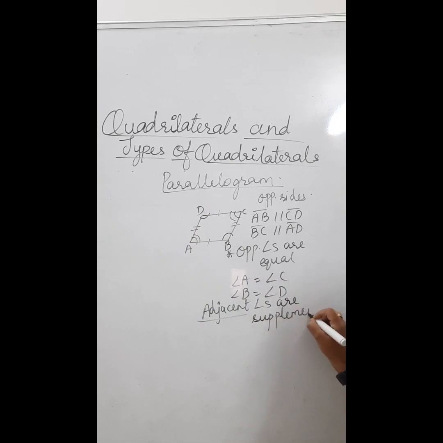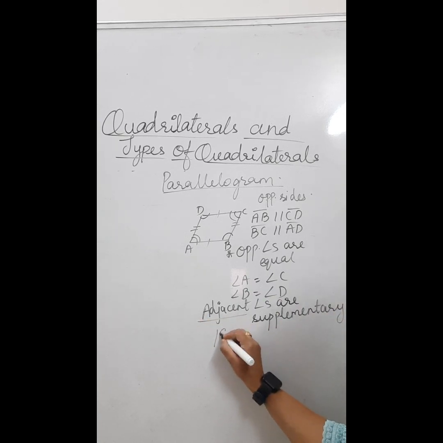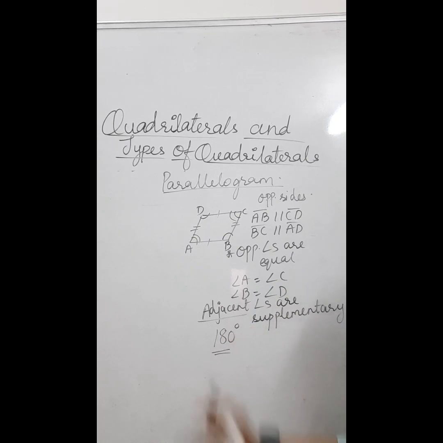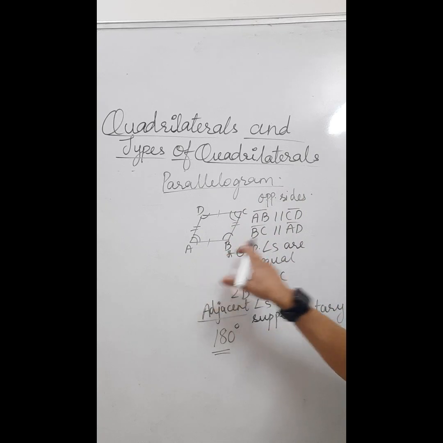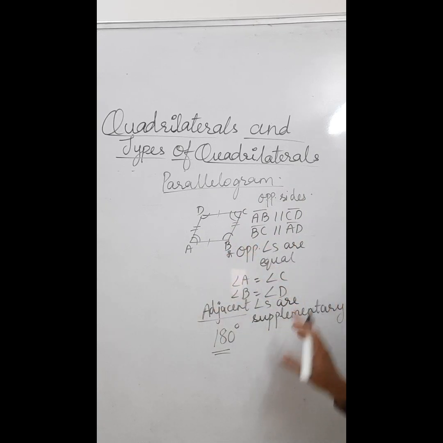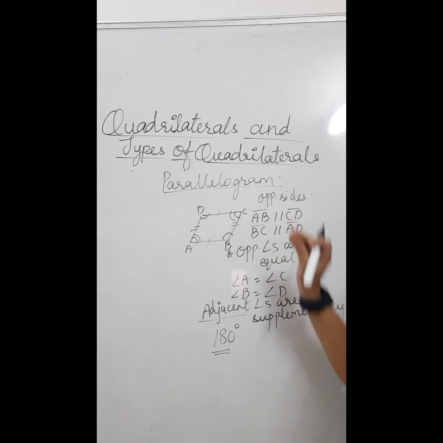Supplementary means 180 degrees. When we add the adjacent angles, our sum comes to 180 degrees. So opposite sides are parallel and equal in a parallelogram, opposite angles are equal and its adjacent angles are supplementary. These were the properties of a parallelogram.